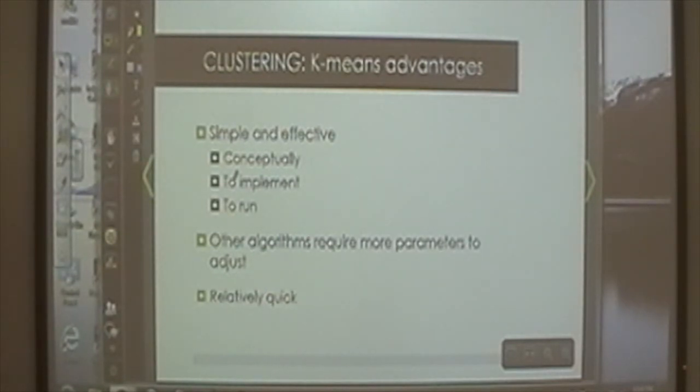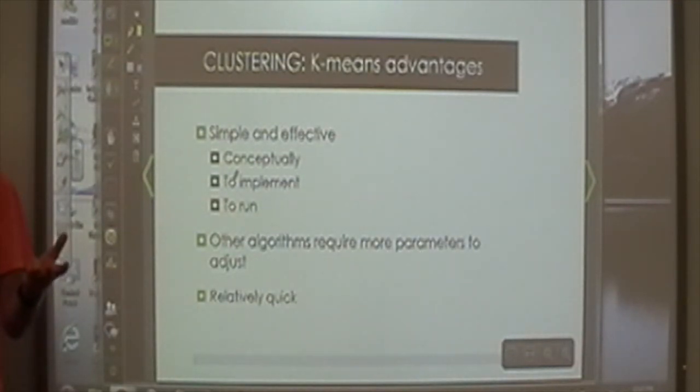I'm going to go through advantages and disadvantages, okay? Big advantages: simple, effective. It's conceptually very simple, very simple to implement, very simple to run, and it has a single parameter, K, the number of clusters.